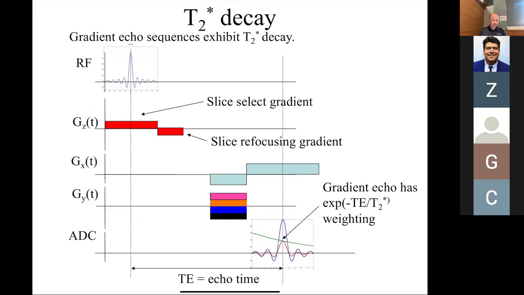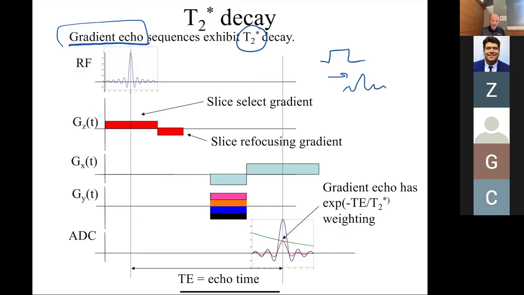Later on we're going to talk about gradient echo sequences, something that you'll hear about in MR. These exhibit what's called T2 star decay because they are sensitive to all the decay that occurs, whether it's T2 or T2 prime. We lump everything together. So if my object was a rect, I know the Fourier transform is going to be a sinc function.